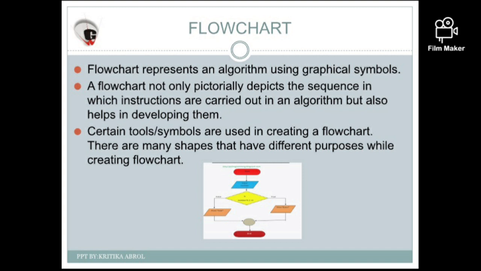The tools or symbols have their own meaning, and we cannot mix and match the values that we write inside different symbols. The symbols which are used in a flow chart are terminal, process box, input-output box, decision box, flow lines, etc. Here are certain symbols that have been discussed.